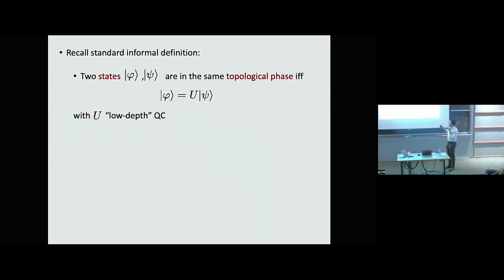So again, we take inspiration from the standard definition of phases that we have in condensed matter, which is recalled here. We have two states, and these two states are in the same phase if there is a quantum circuit of constant depth that connects them.